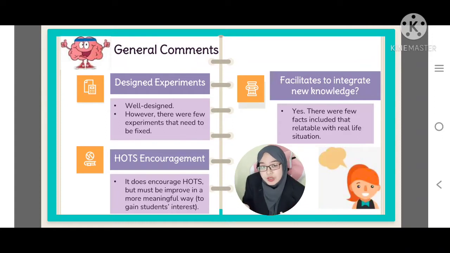Does it facilitate integrating new knowledge? Yes, because there were a few facts included, and there is a safety precaution which is relatable to our real life situation, as a reminder to avoid such bad things happening in the laboratory.